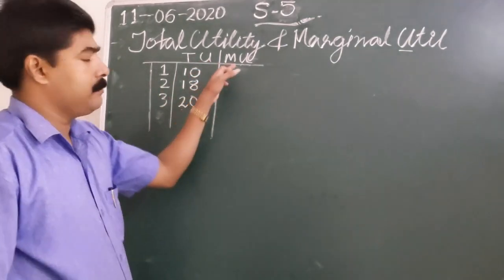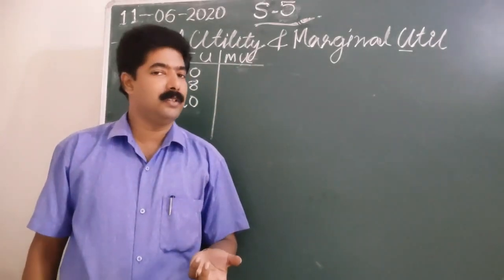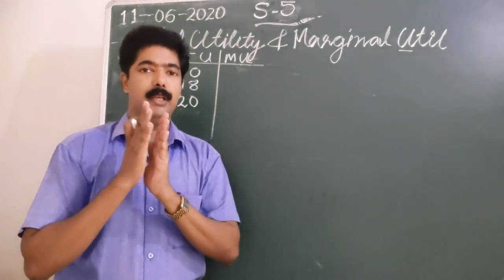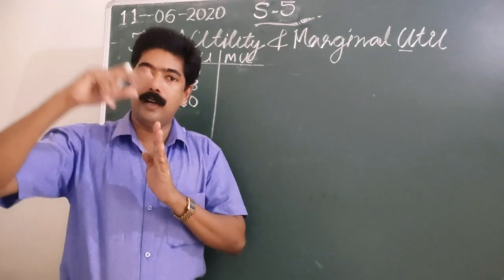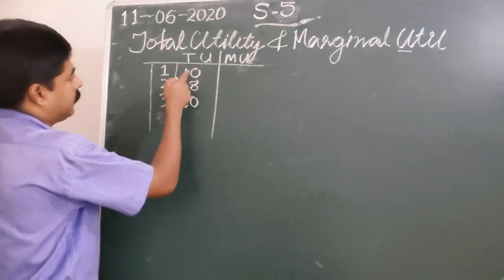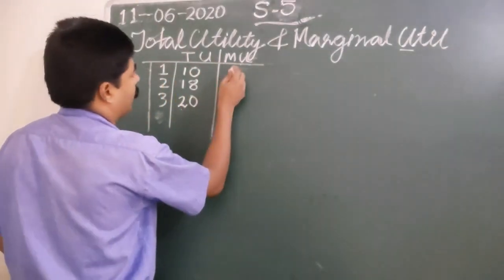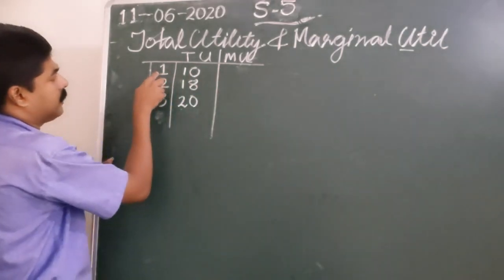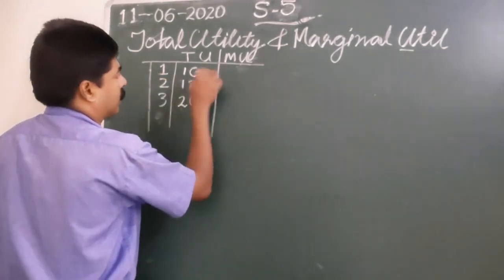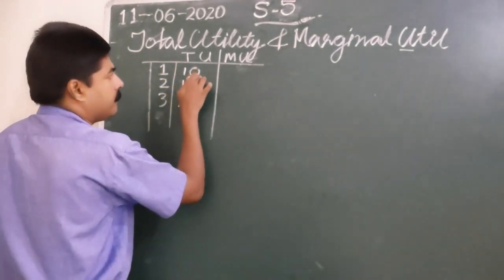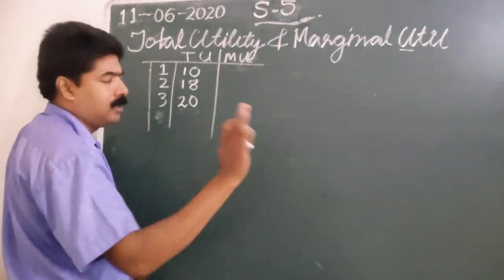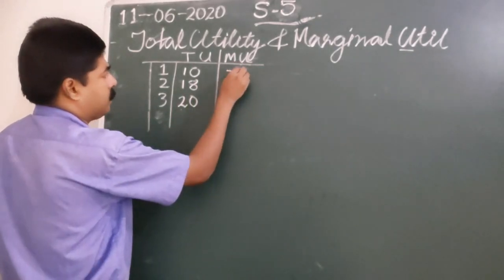Now to get to my marginal utility. What is marginal utility? Additional utility added to the total utility. Here, what is the total utility when I consume the first commodity? Total utility is 10. Therefore there is no additional utility, so we can just put a dash here.